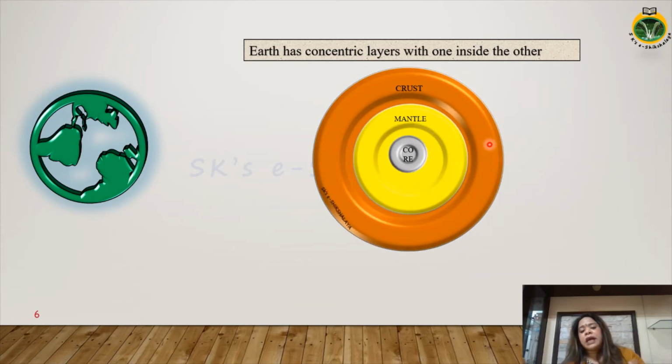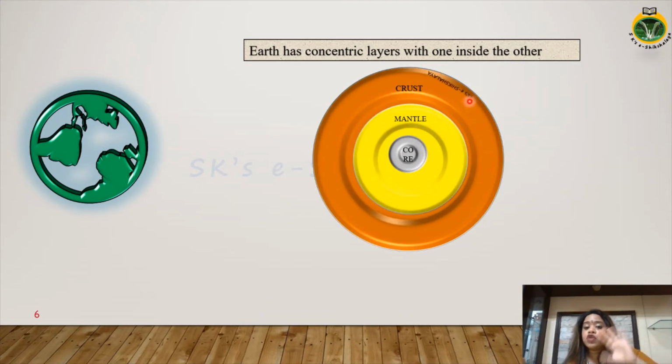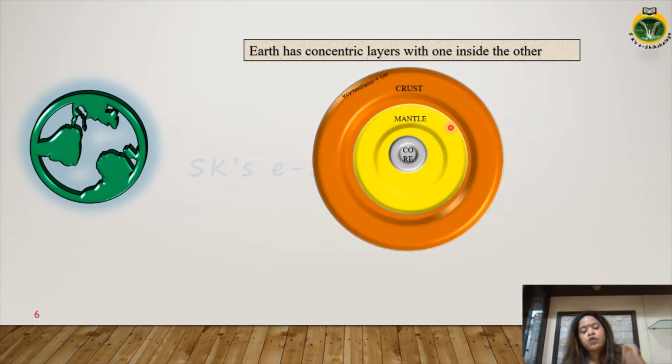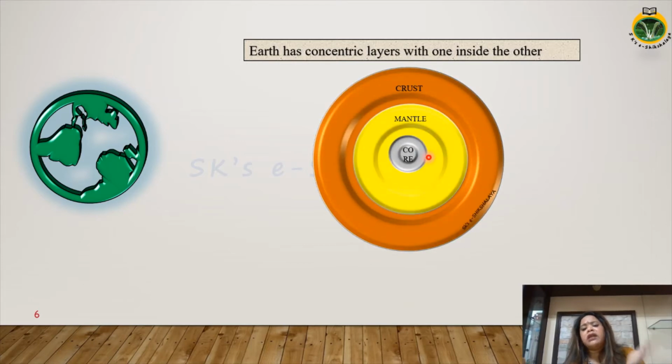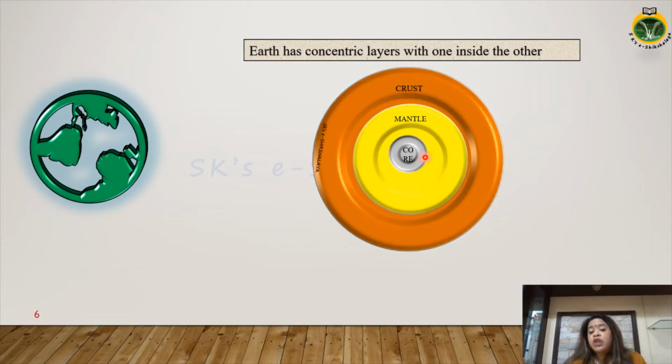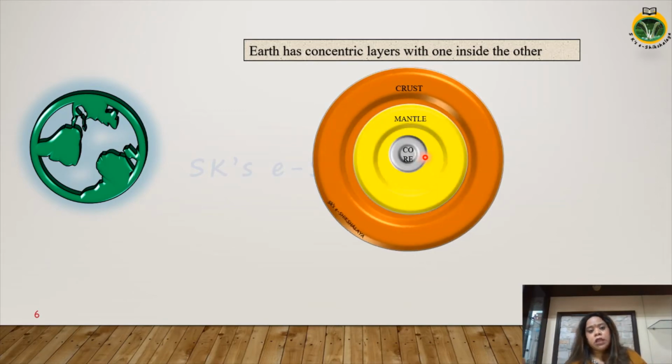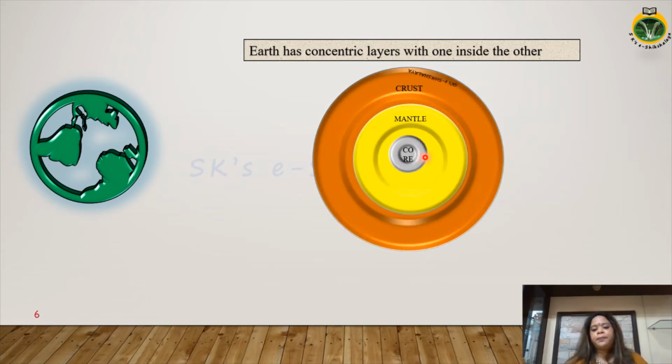So hence I can say that crust is the topmost layer, then comes the mantle, which is just beneath the crust, and core, which is the innermost layer of the earth. And this is how the interior of the earth looks.